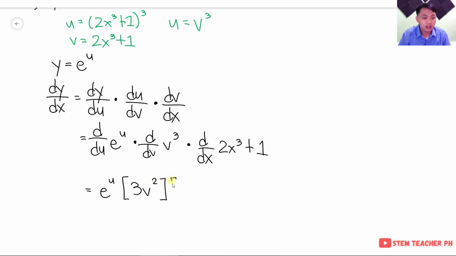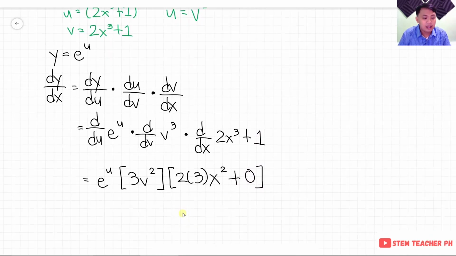Tapos, yung sagot ay imumultiply sa derivative ng 2x cubed plus 1. Power rule lang din, pull out si 2. Tapos, ang derivative ng x cubed, ibababa sa exponent. So, this is 2 times 3 times x. Tapos, yung exponent na 3 ay bawasan ng isa. 3 minus 1 is 2. Plus, derivative of a constant. Ang 1 ay constant lang naman. So, this is equal to 0.